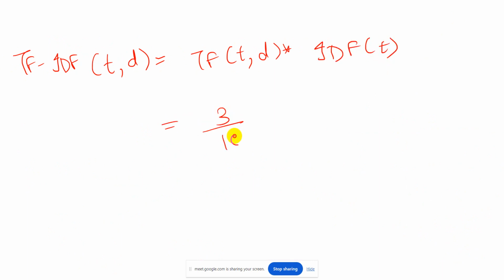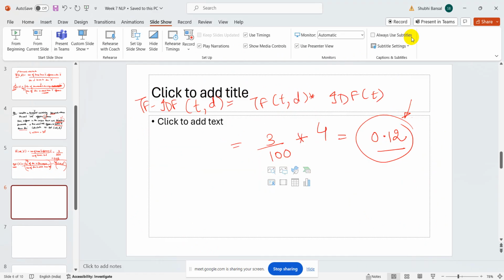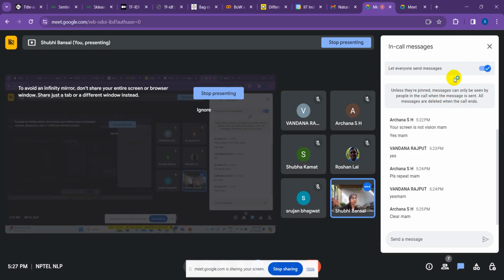So this is 3 by 100 into the IDF value, and the IDF value comes out to be 4. So this is 0.12. Is it clear now?